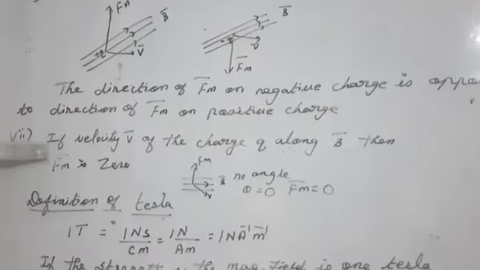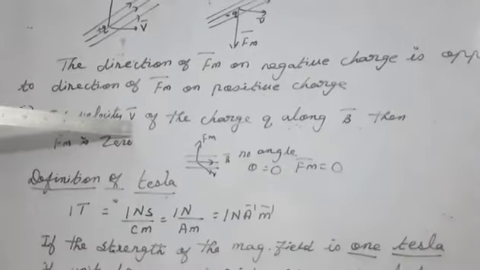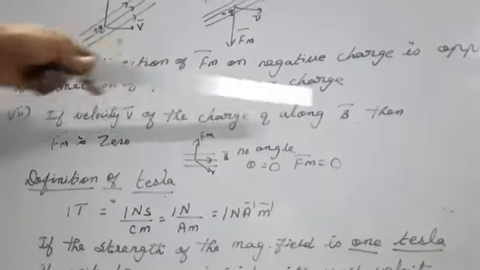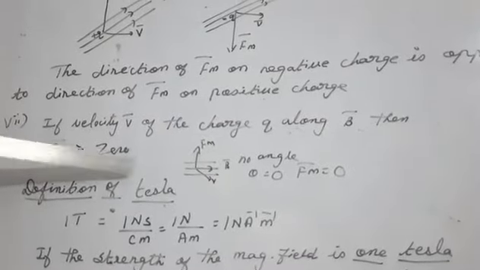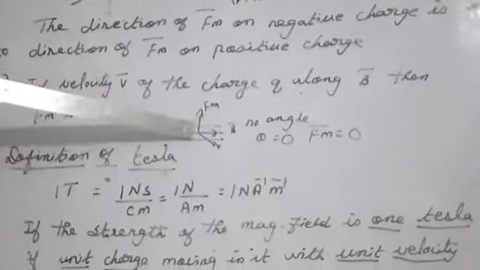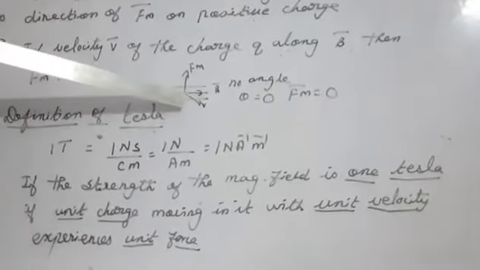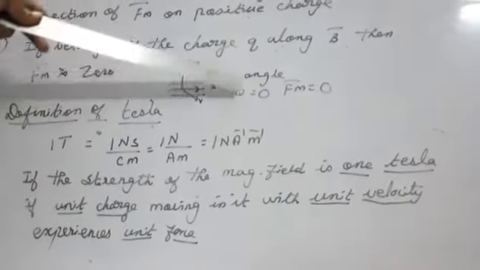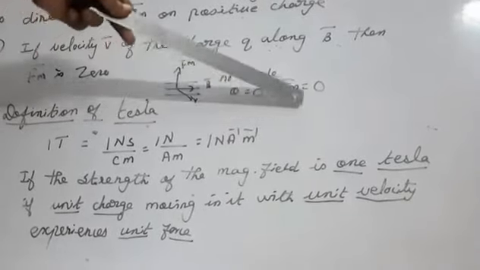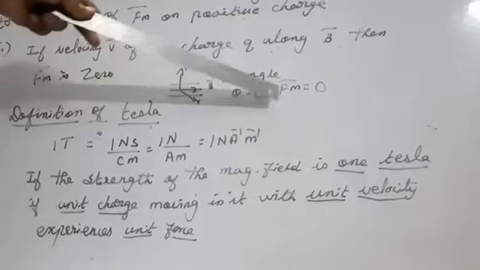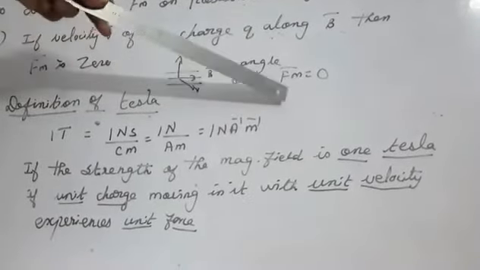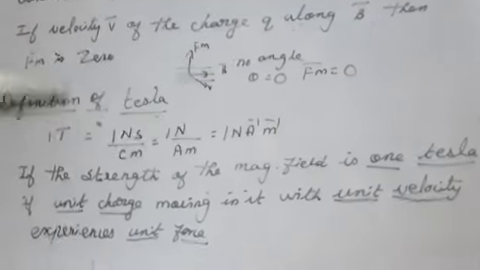The last point is, if the velocity v of the charge q is along the magnetic field, then Fm equals 0. That is, if the velocity coincides with the magnetic field, there is no angle, so we consider theta as 0. When we substitute sin theta equal to 0 in the formula, the force Fm equals 0.